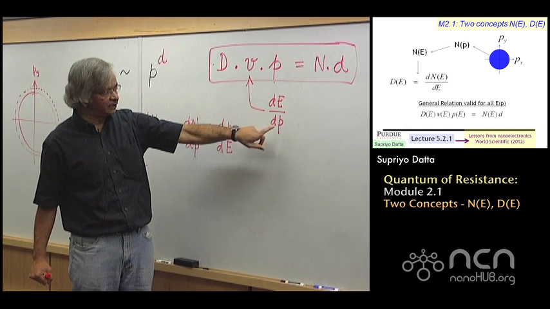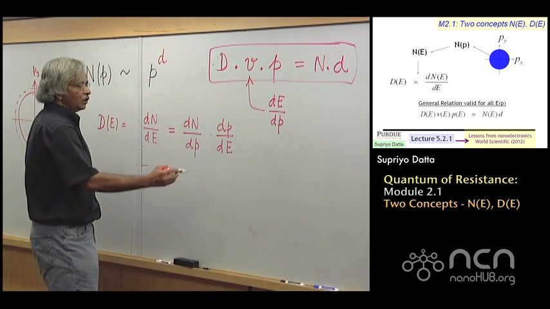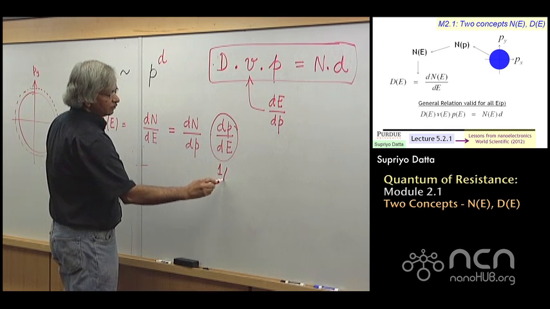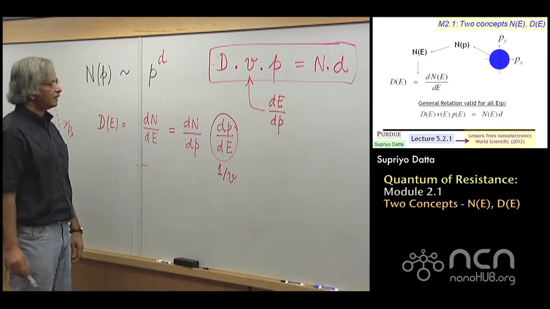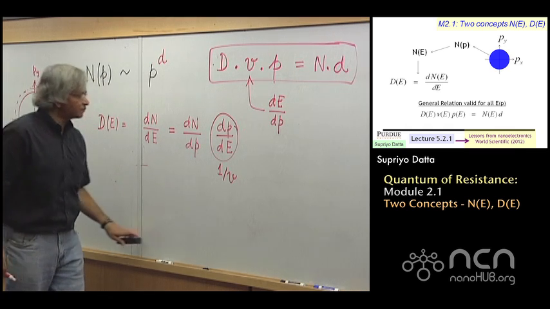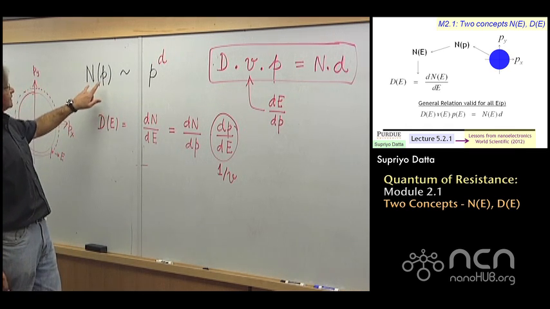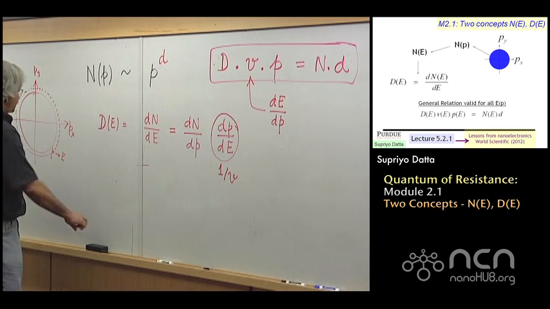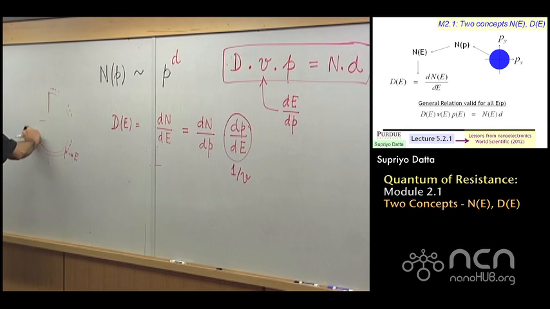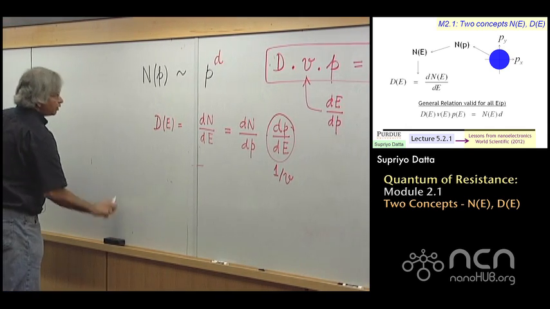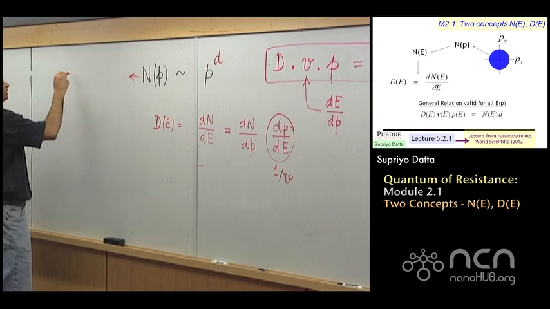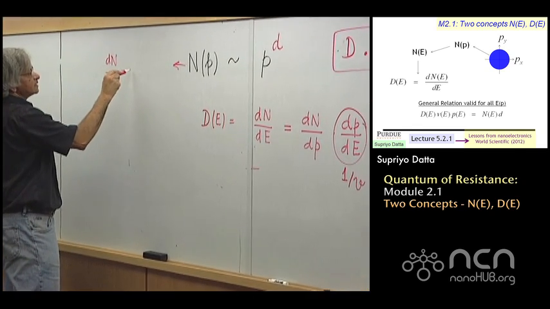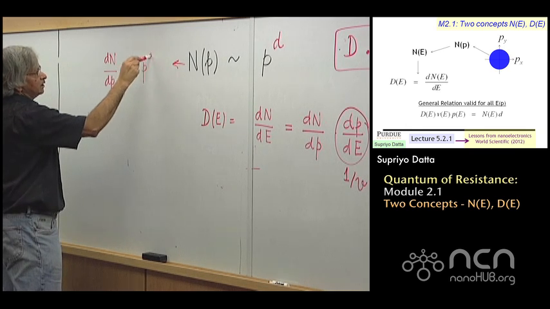It's the rate of change of energy with momentum. And so dp/dE is like 1 over v. Now, the point to note is that as long as N has this form, p to the power d, we can write dN/dp as d times p to the power d minus 1.